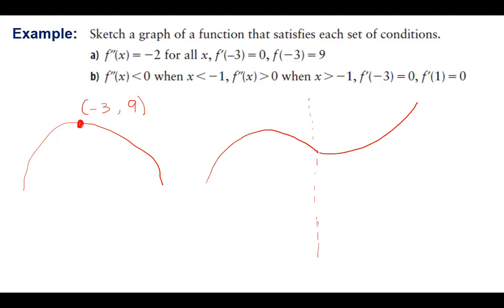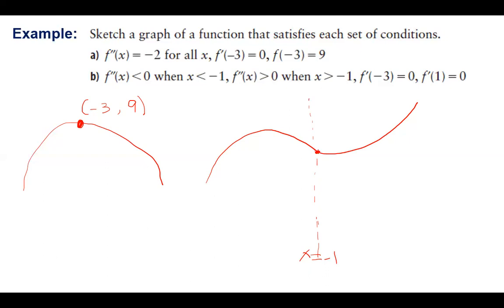So we can say this x coordinate is x equals -1. So this point is -1. This point is called the inflection point.